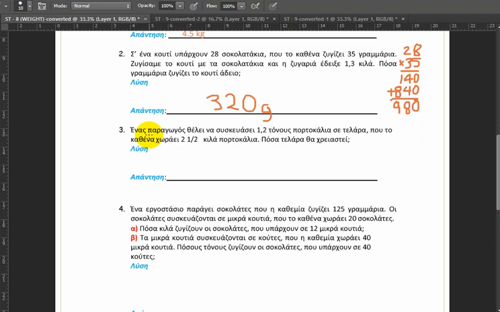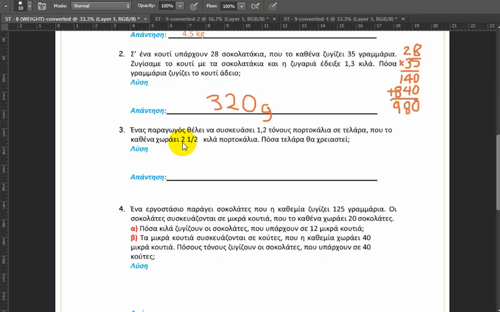Next up, we have a farmer that produces 1.2 tons of oranges, and he wants to put them in packages that each can take 2.5 kilograms of oranges.